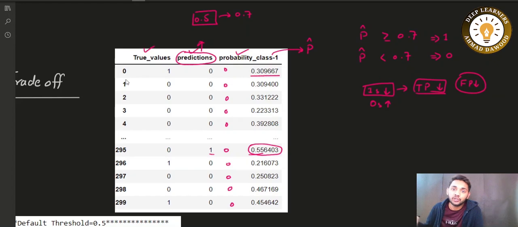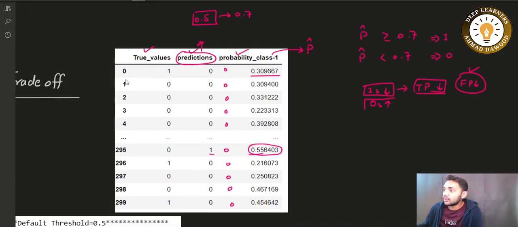When you increase your threshold, you will have fewer probabilities in your data that are greater than 0.7. And usually the samples that have high confidence, like greater than 0.7, surely belong to the one class. So that's why our false positives also decrease.